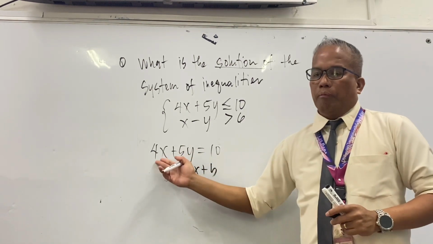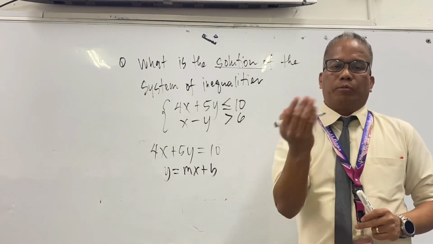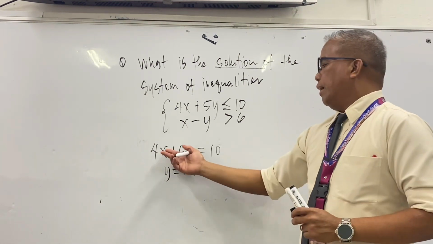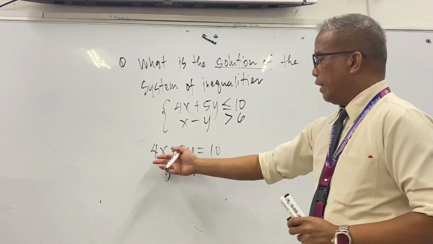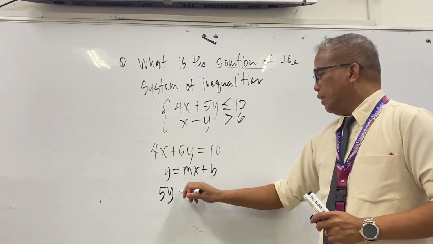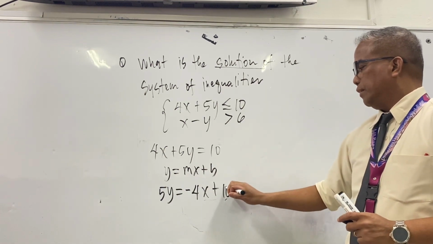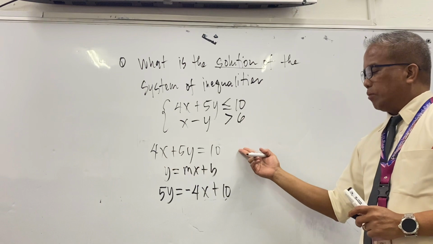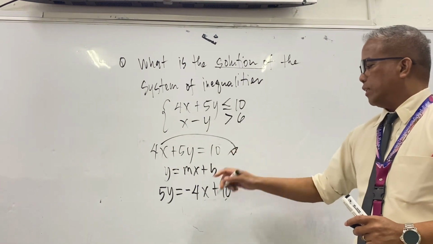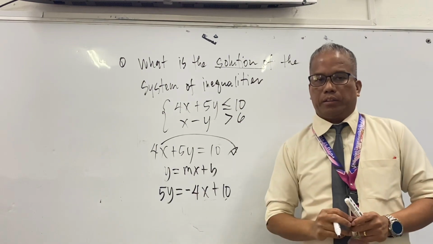So we need to remove 4x. Either you can apply the transposition method, or subtract negative 4x from both sides. So the result will be 5y equals negative 4x plus 10. Simply, we transpose 4x, so it became negative 4x.